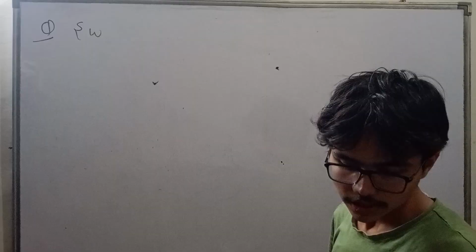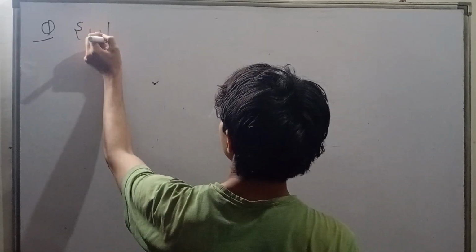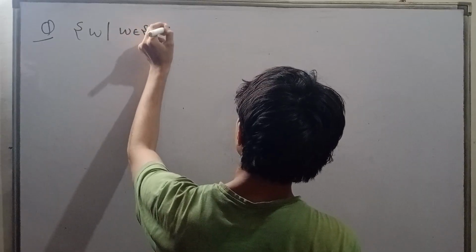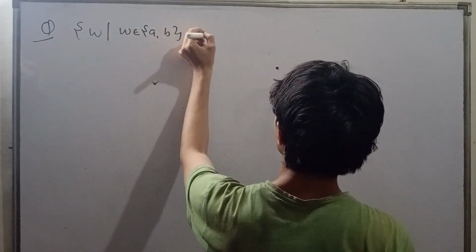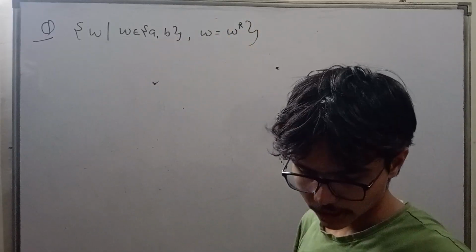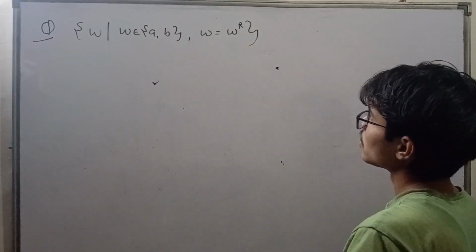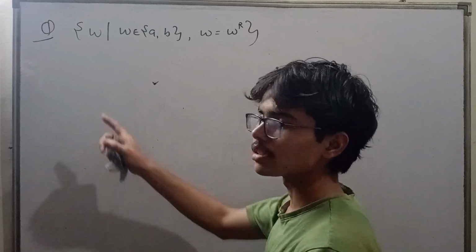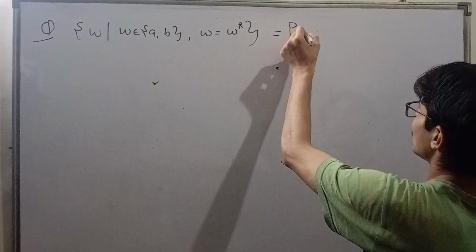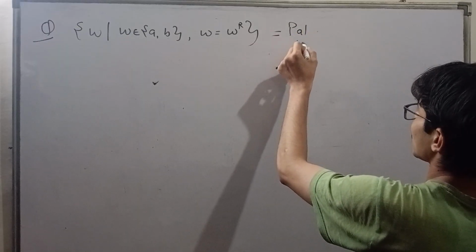So how can we write this? W such that W belongs to A B star, where W equals W reverse. So how can we write this? This is our all-type palindrome, the palindrome of all types.